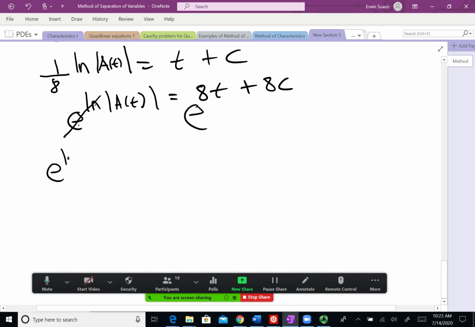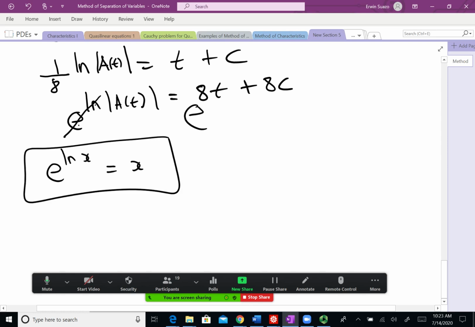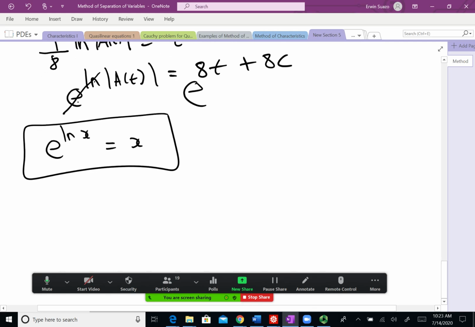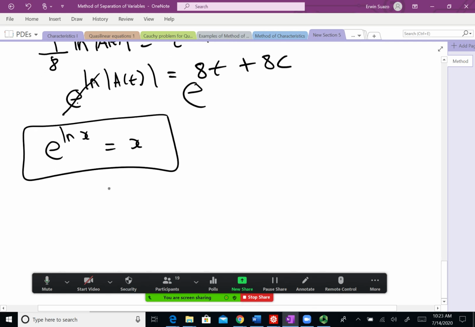You saw that e to the ln of x equals x, right? So I told you you will see all these properties of calculus. So now you have absolute value of A of t equals e to the 8t plus 8c.